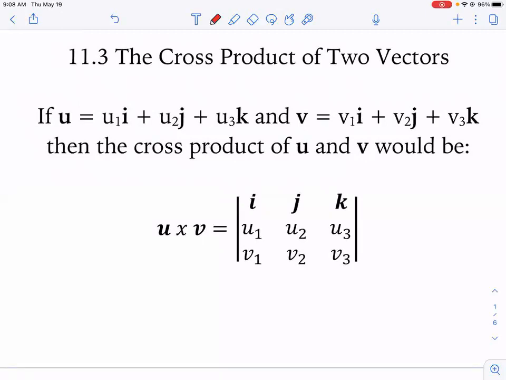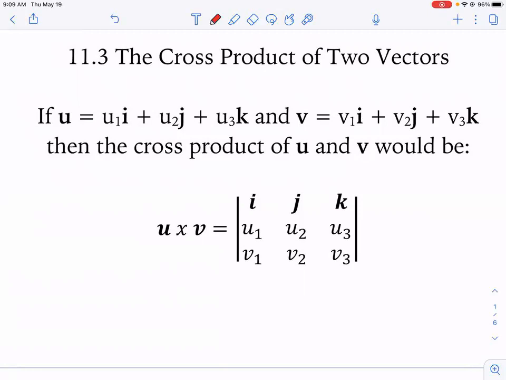Do we have written down what we need? Okay. So what's going to happen is ijk has to be your first row. If it's u cross v, u is your second row, v is your third row. Okay, and it's just the components. You'll copy paste your 2 columns, criss, minus cross.